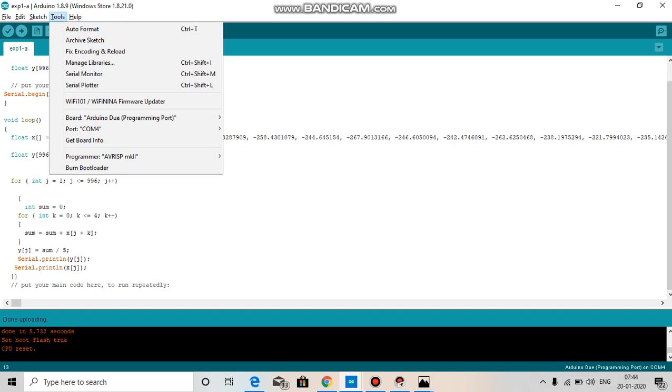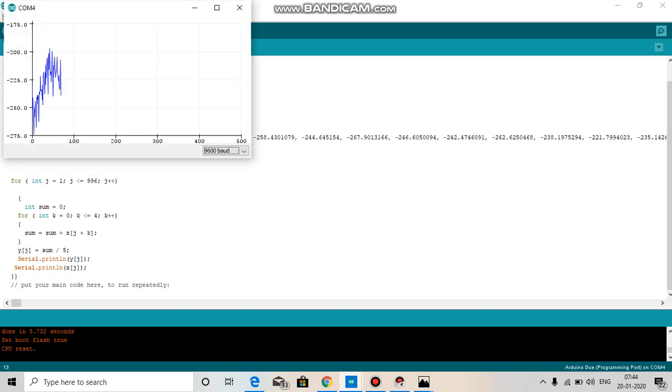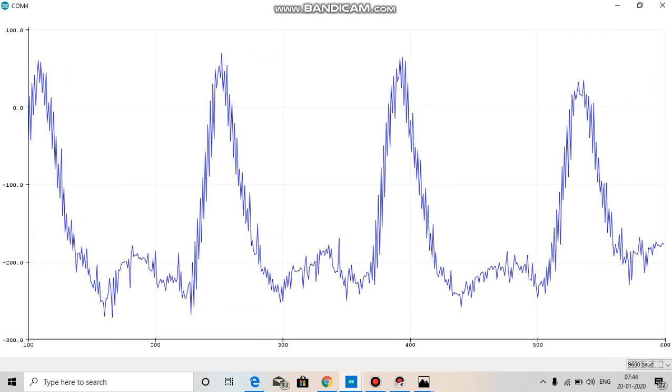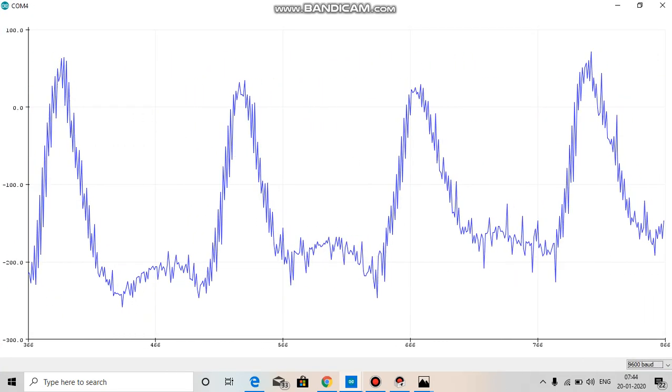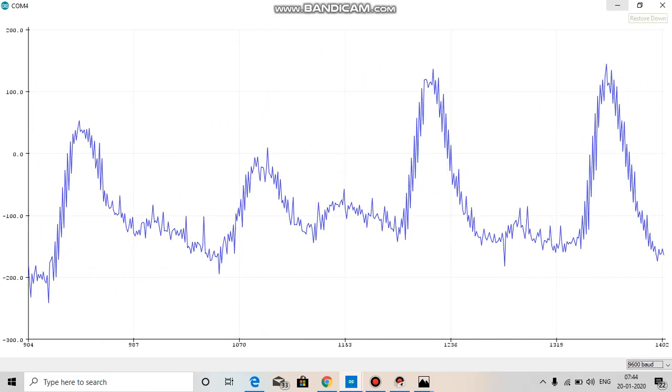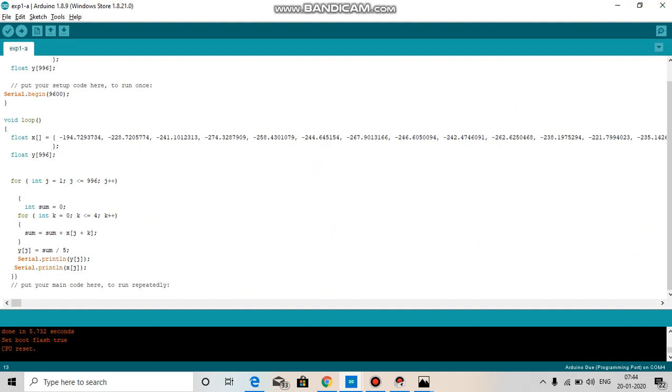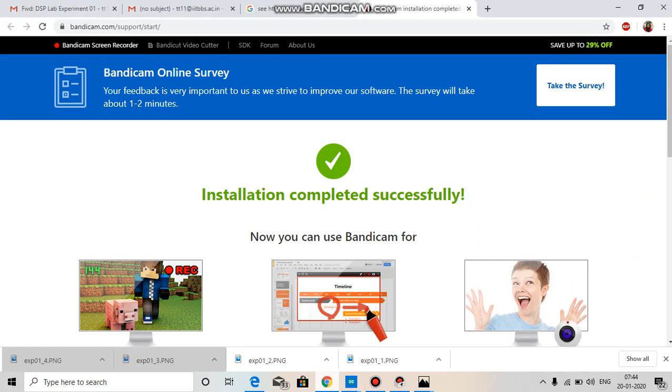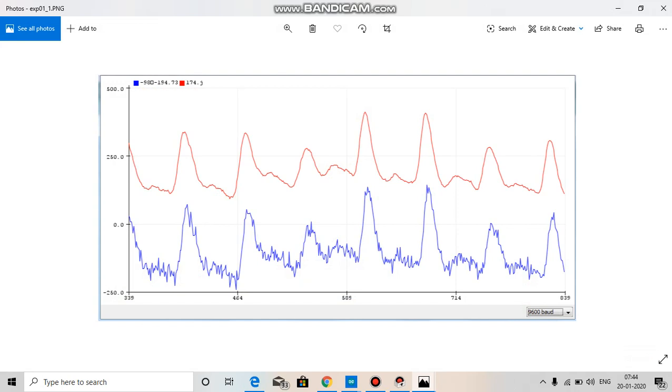Now let's check the plot. This is the signal, and let's compare this with the input as well. So this is the required signal we get for the moving average filter.